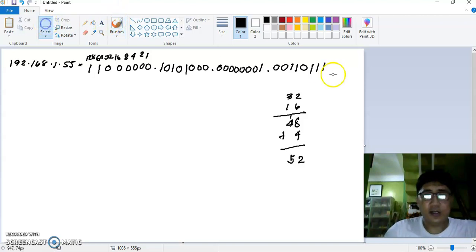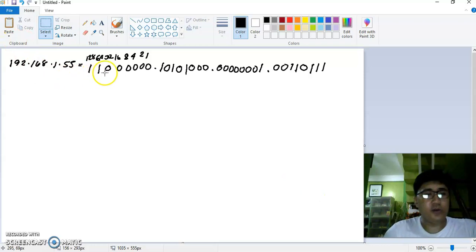So that is the method in order for you to get the equivalent binary value of your given IP address.